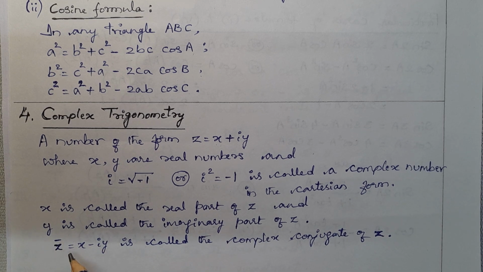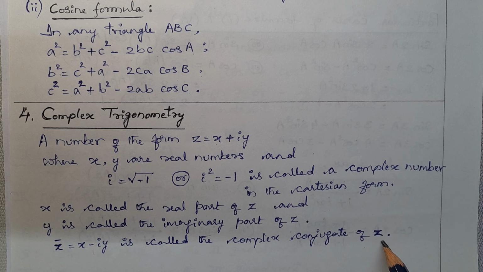So z bar equal to x minus iy is called the complex conjugate of z.